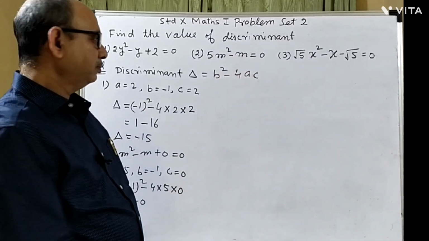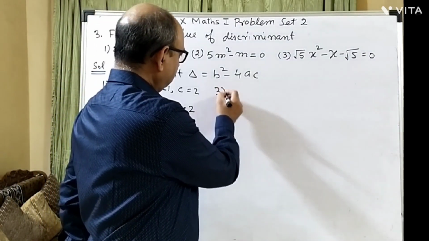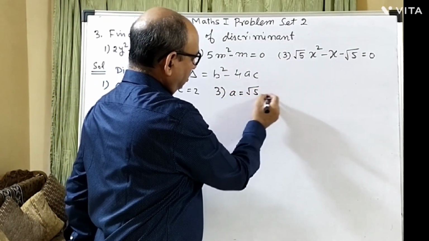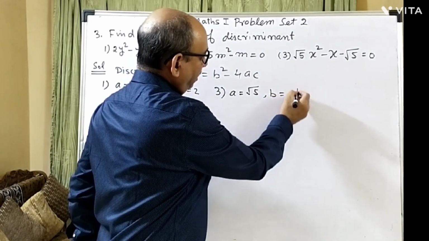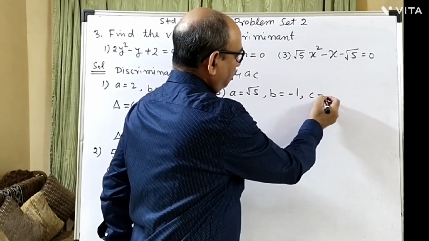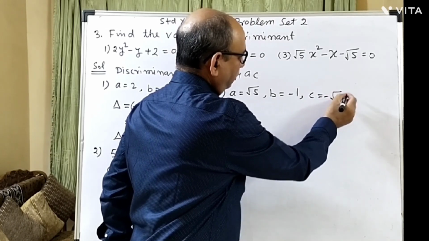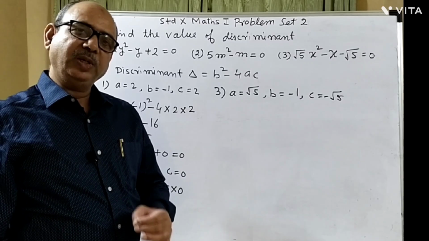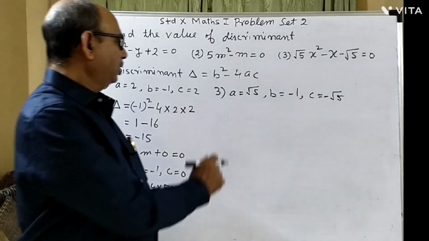Third one, a is equal to root 5, b is equal to minus 1, c is equal to minus root 5. Always take the value of the discriminant with its sign.